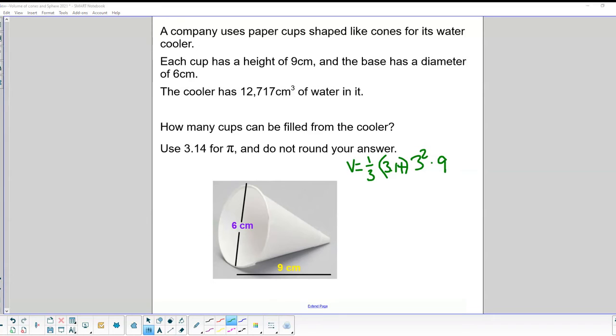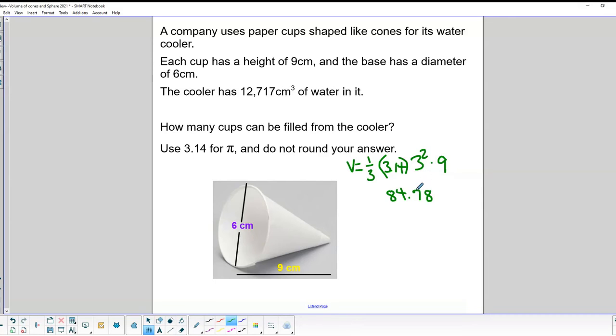So when we calculate that out, we got 1/3 times 3.14 times 3 squared times 9. So it's 84.78.